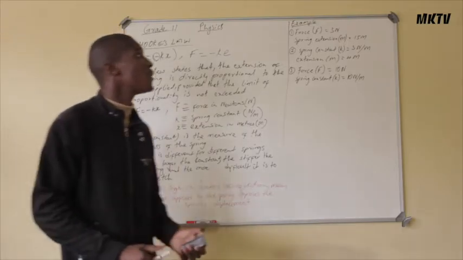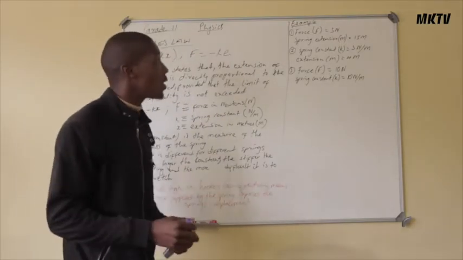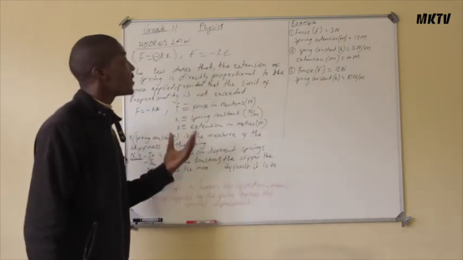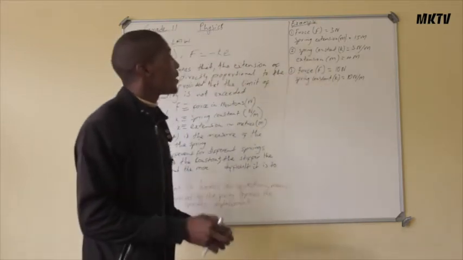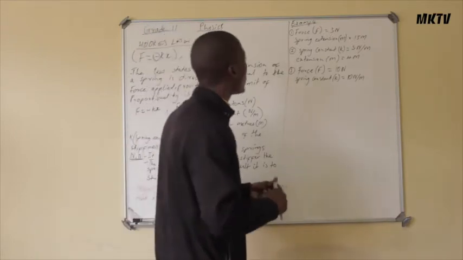So let's have a few examples. If we are asked to calculate the spring constant, let's take, for example, number 1.